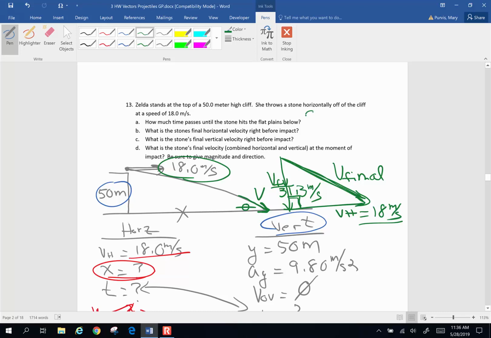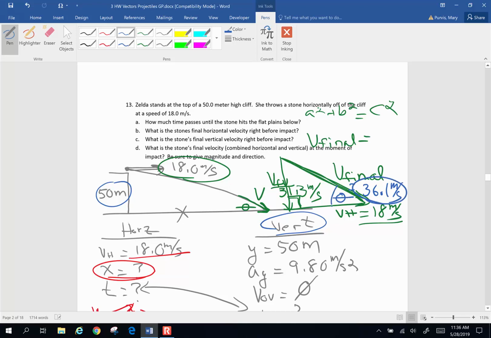So a squared plus b squared equals c squared. To find the final velocity, pick up my calculator here, 31.3 squared plus 18 squared, square root. I ended up with 36.1 meters per second. But they asked for one more thing.